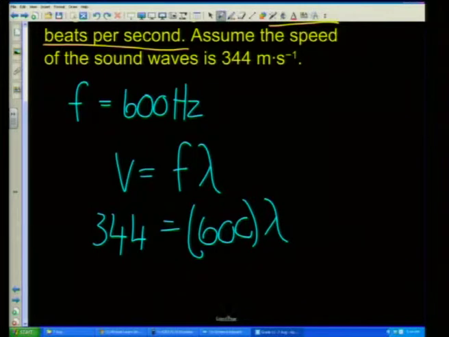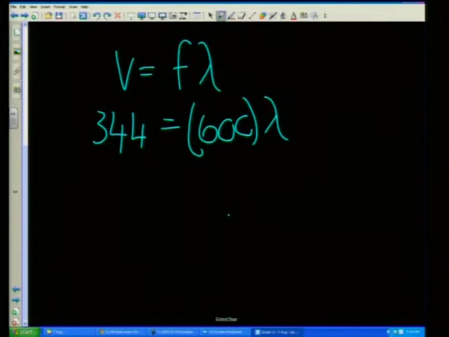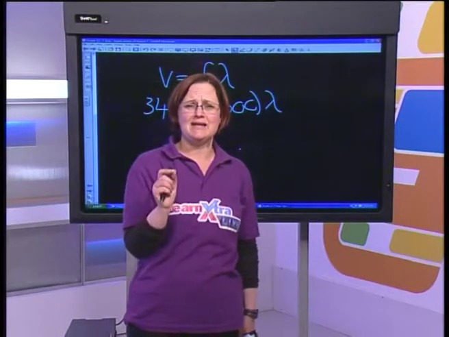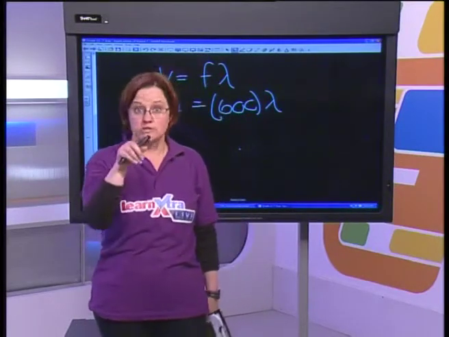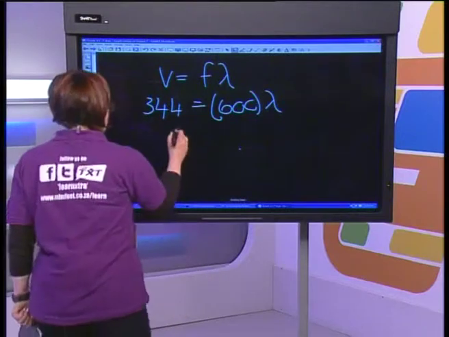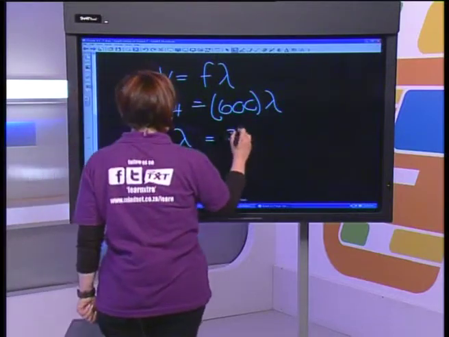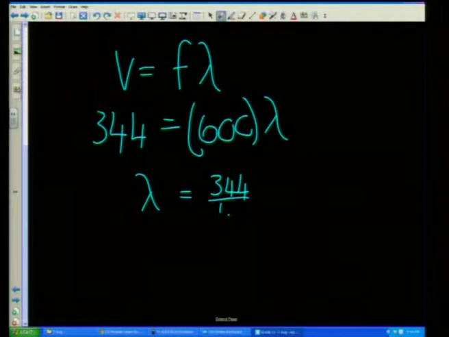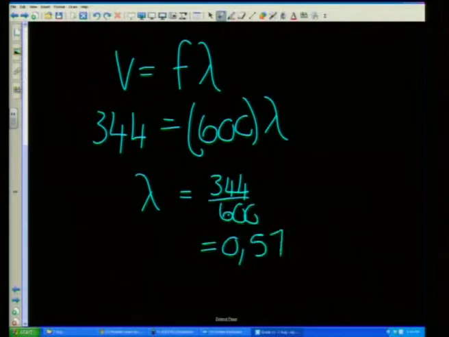And we want the wavelength. It's a mosquito with really tiny wings, so it's going to be a small wavelength. So wavelength is going to be 344 divided by 600, and we get 0.75 meters. It's a small wave, which we expect.